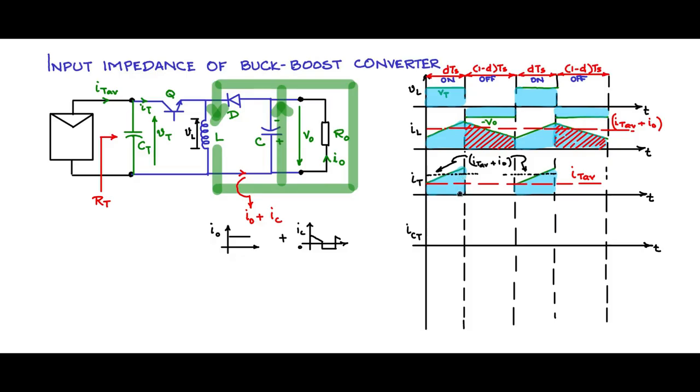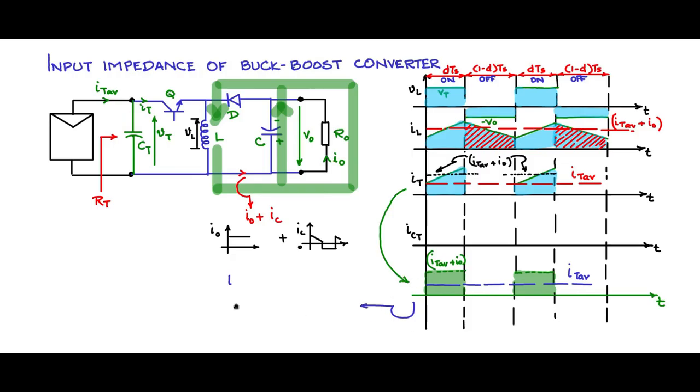Let me redraw that down here, and it will appear something like this. This has a flat top value of IT average plus I naught, as I've indicated here, and there is an average value IT average.